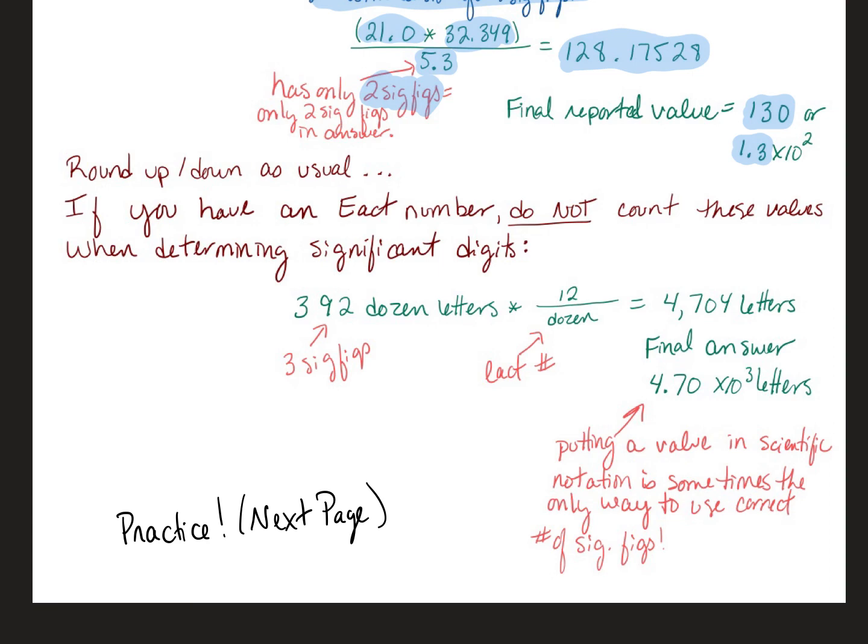Okay? Now, I mentioned exact numbers. Exact numbers do not count on these values. So, for example, if I count that there are 53 humans in a particular room, that's an exact number. There's not like 53.2.